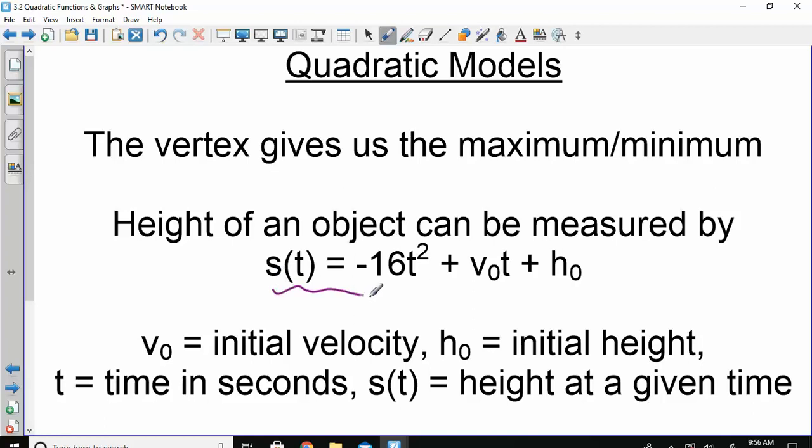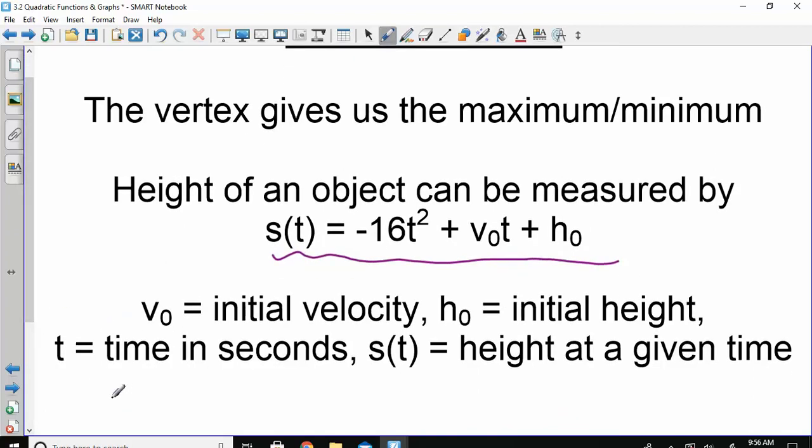So if you're filling in your notes sheet, there are some things you can put in here. The height of an object can be measured by this equation. I'm not going to make you memorize that equation, but it is one that we use a lot. It actually comes from physics. So S of t is representing the height. T is the time in seconds. V sub 0 is your initial velocity, or velocity at time 0.